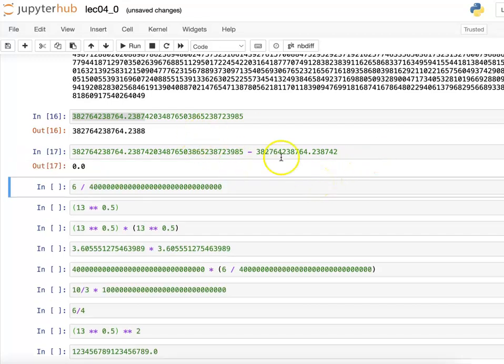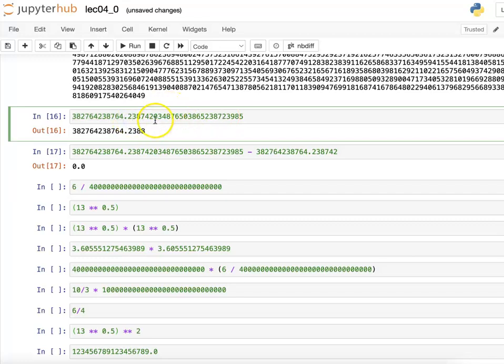The reason is, like they showed earlier, we hold about 15 digits for the decimal part, but since the whole number part is also big, here it just automatically rounds to the 4th digit. So when you do the subtraction, both of them come to the same value, and that's why the subtraction becomes 0.